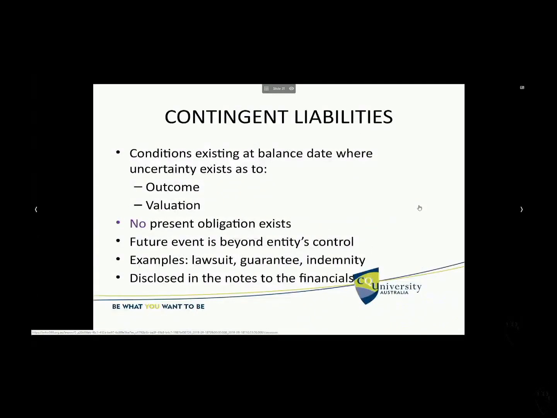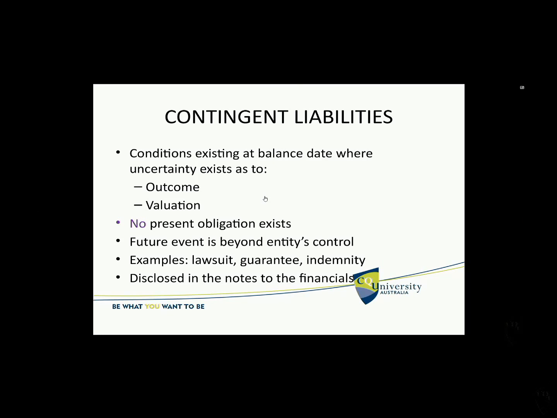Okay, now we go on to another type of transaction called a contingent liability. And just when you thought you really had this all sorted out and nailed, we're talking about a contingent liability, which in fact is not a liability at all. But through usage, through custom, it's called a contingent liability, this particular transaction.